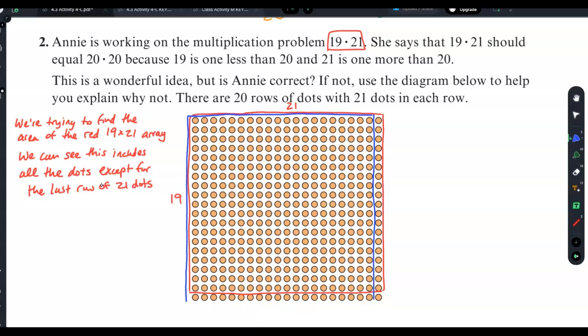So far this looks like a nice idea, right? Going one way, I'm including all but one of the rows. Going the other way, I'm including all but one of the columns.